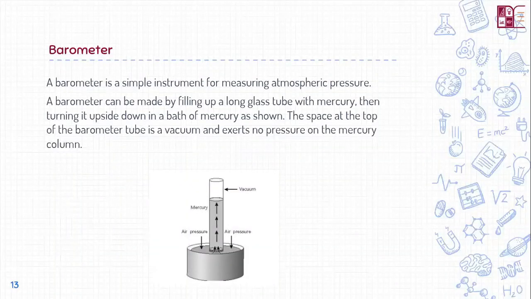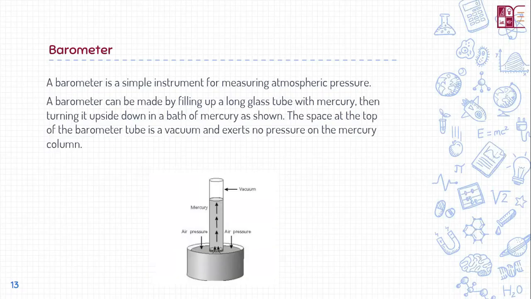Now moving on to barometers. First, we're going to recall our basic understanding of atmospheric pressure. Like we discussed, air is a fluid, and we're living at the bottom of a sea of air, called the atmosphere. The weight of the Earth's atmosphere pushing down on each unit area of Earth's surface constitutes the atmospheric pressure.